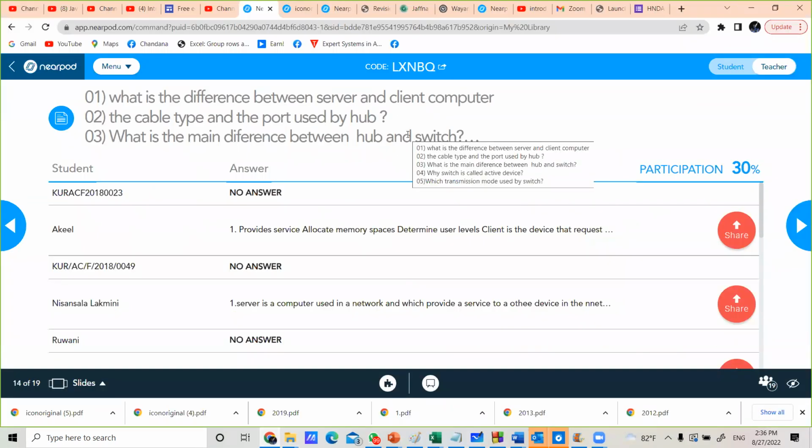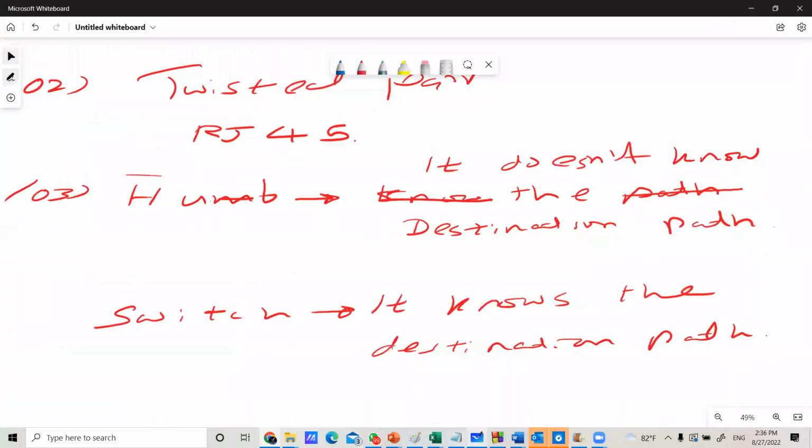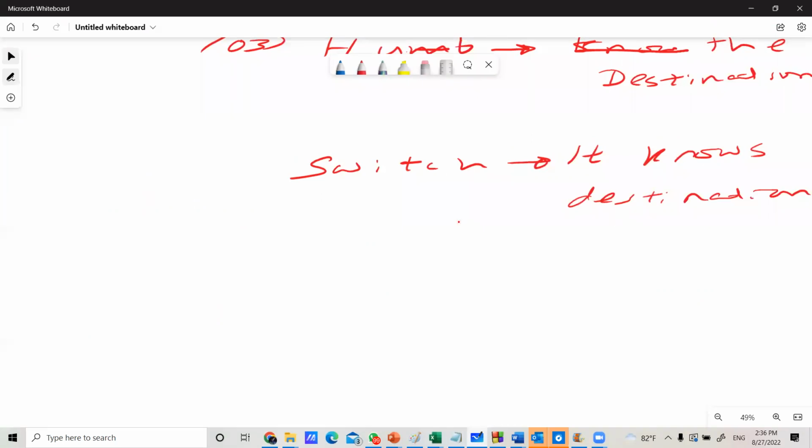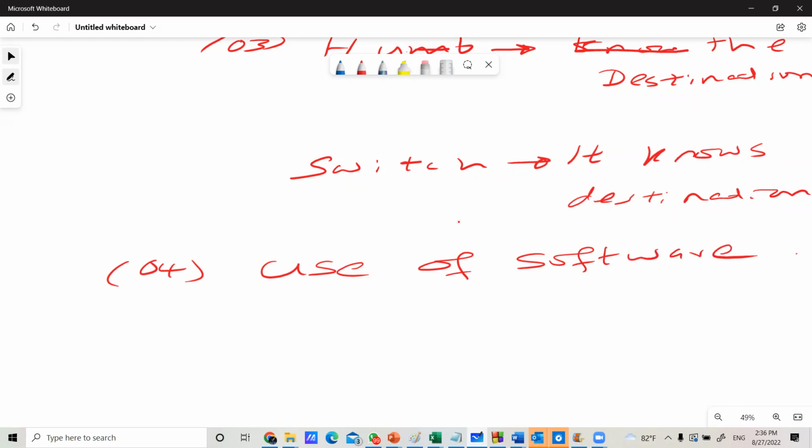Then question number 4, why is switch called active? Switch is called active because switches use software. They are using software. That's why switches are called active.